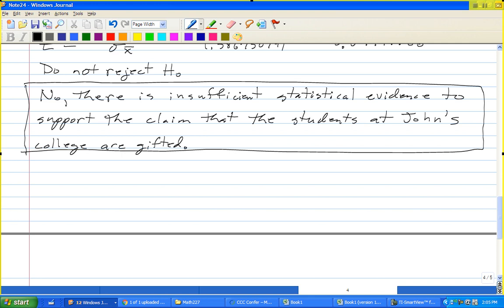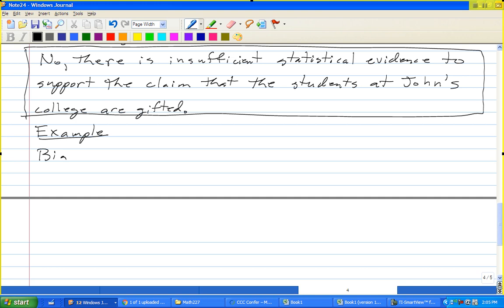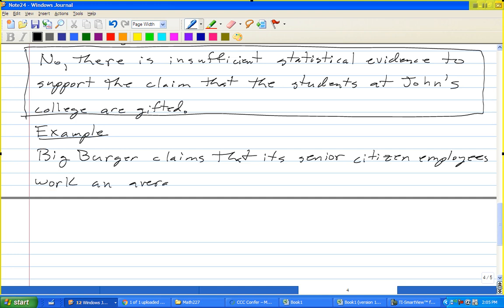Let me do another example. Big Burger claims that its senior citizen employees work an average of 16 hours per week.